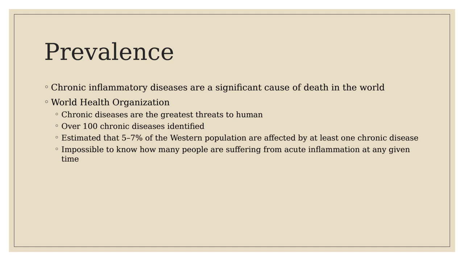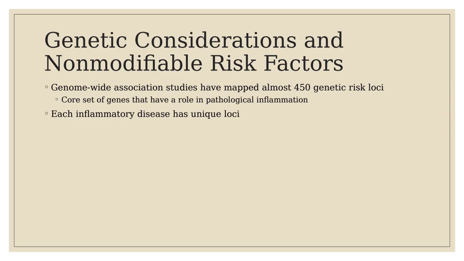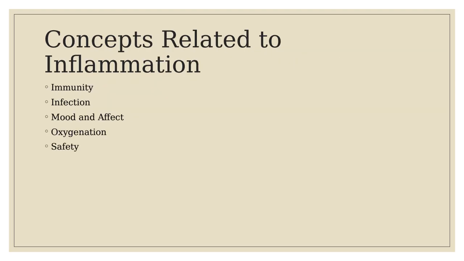So, it's a problem. I talked about non-modifiable risk factors, and we'll talk about that as it relates to individual exemplars in class. These are the concepts that some of them are related to inflammation. So immunity, diabetes will destroy the body's ability to ward off infections over time.